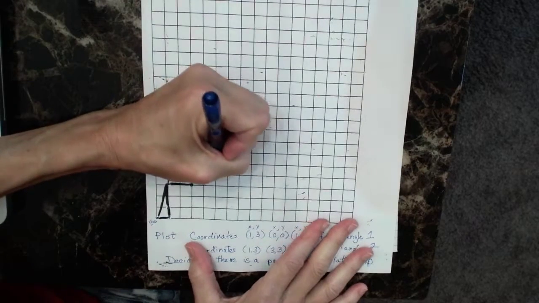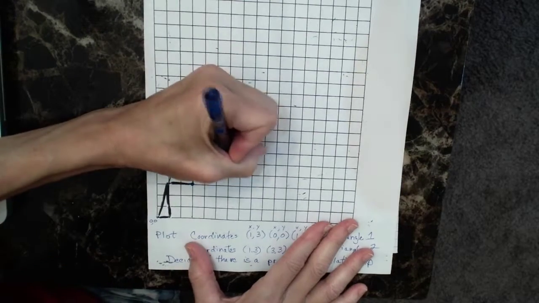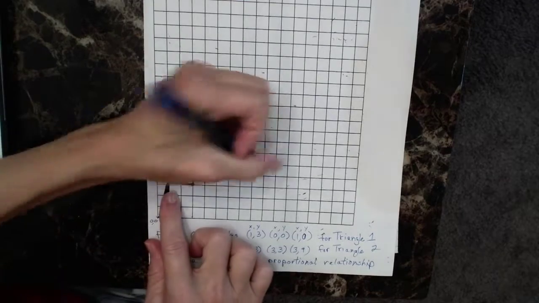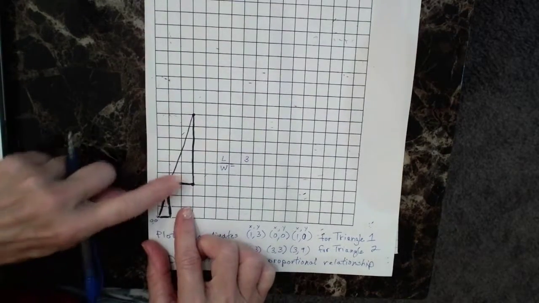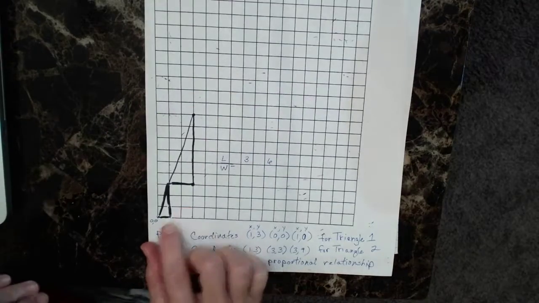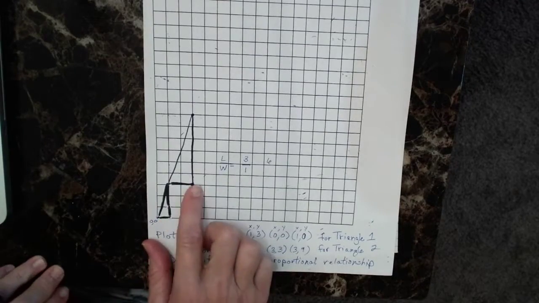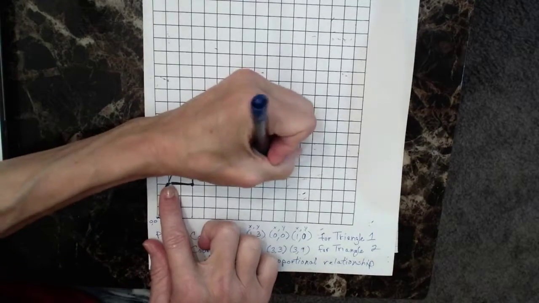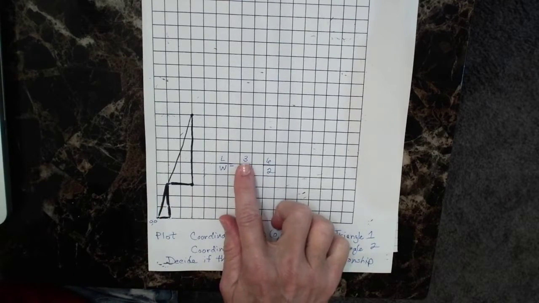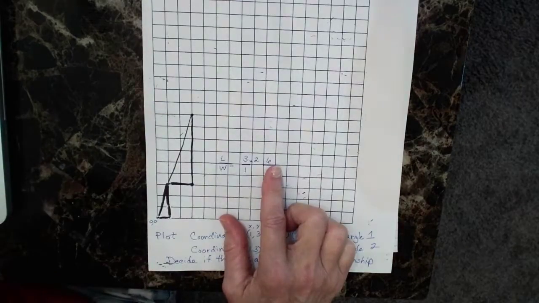So remember, possibly in the last video, we're going to look at the length of the first triangle, which is 3, the length of the second triangle, which is 6, the width of the first triangle, which is 1, and the width of the second triangle, which is 2. And we ask ourselves, what would you multiply by 3 to get to 6? 2.